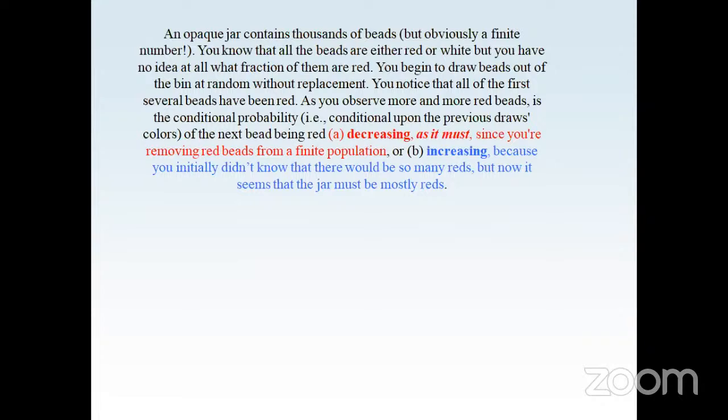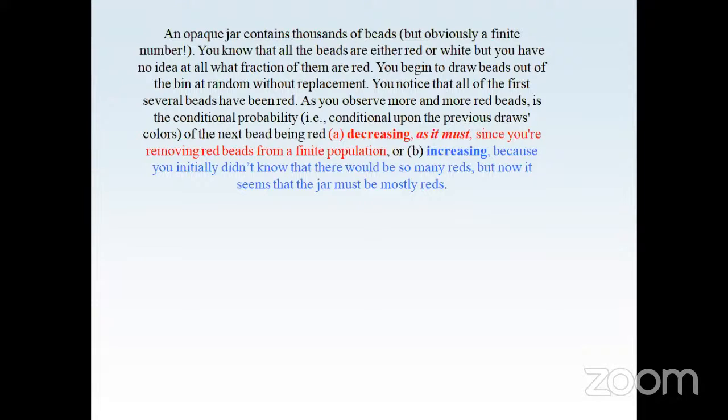As you observe more and more, the conditional probability of the next bead being red, given the previous draws, is either decreasing, as it must since you are removing red beads from a finite population, or increasing, because initially you didn't know there would be so many reds, but now it seems the jar must be mostly red.